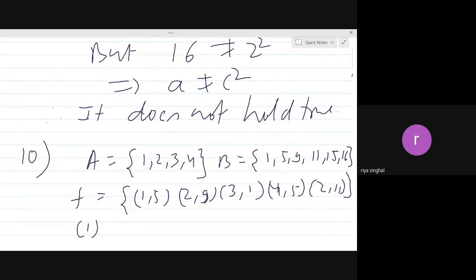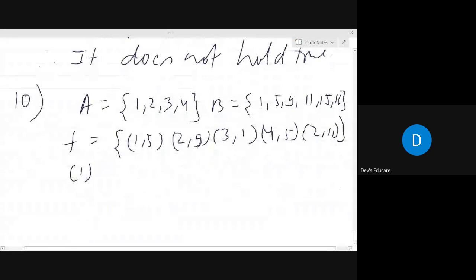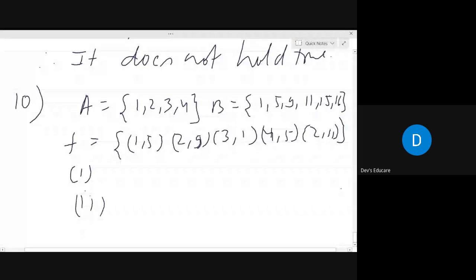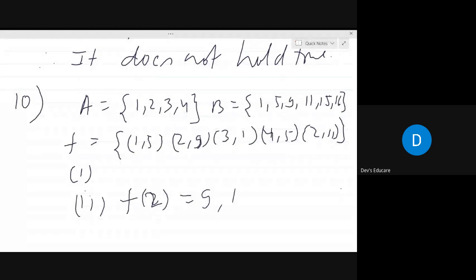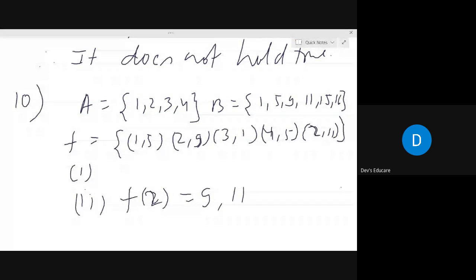Yes. F(2) means in the second case we have 2 images, 9 and 11. Okay, Muskan. Since 2 has 2 images, 9 and 11, it cannot be a function.